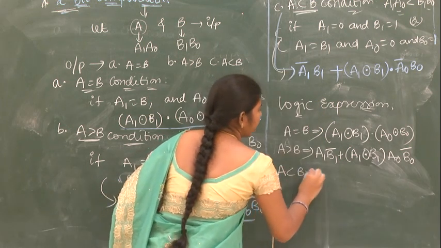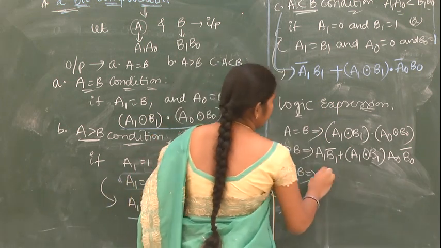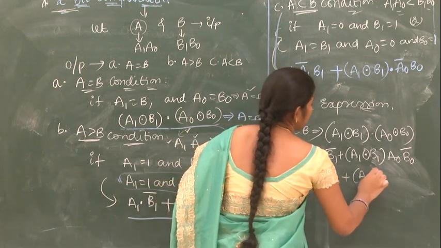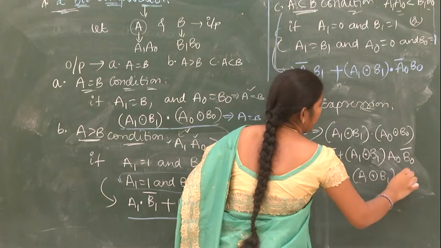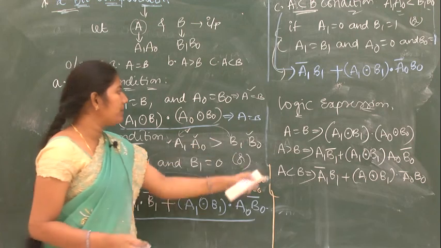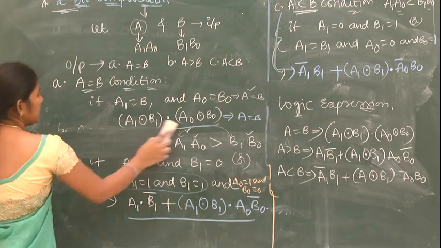For A less than B, the equation is A1 bar B1 plus A1 exclusive OR with B1 and A0 bar B0. Now we need to develop these 3 logic expressions.